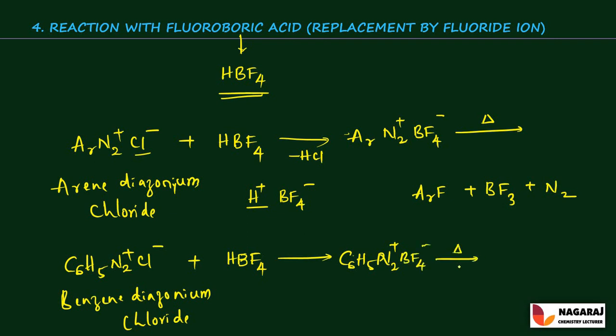On heating, the C6H5 combines with fluorine, and fluorobenzene is formed, plus the byproducts BF3 plus N2 gas.